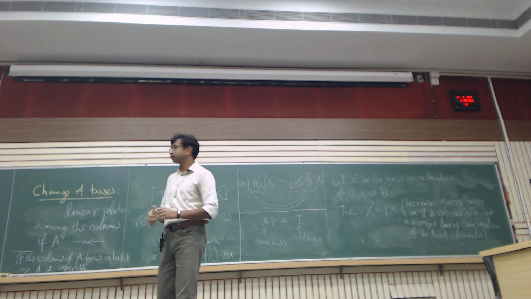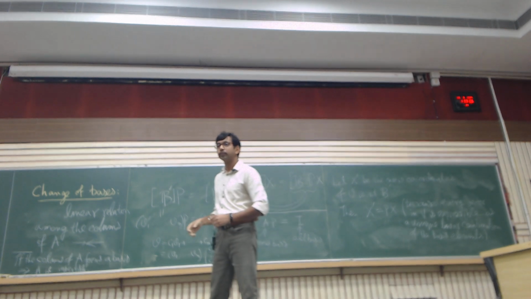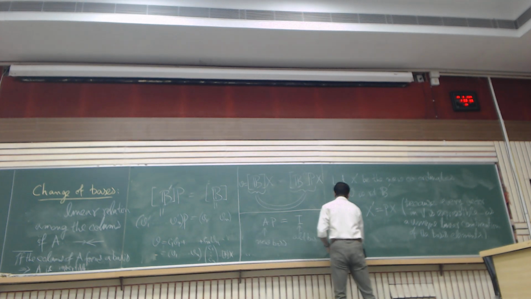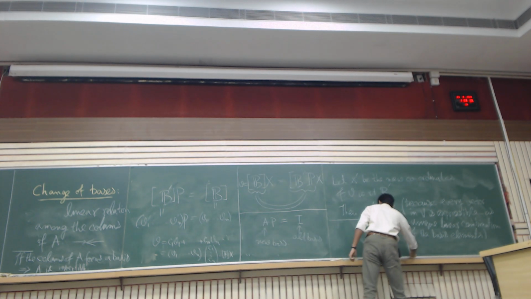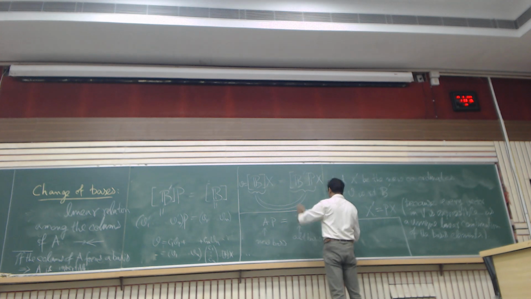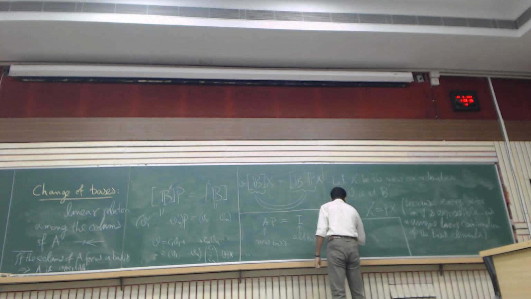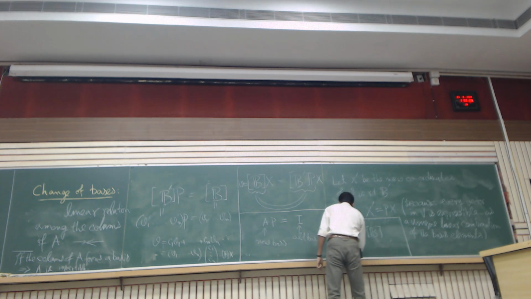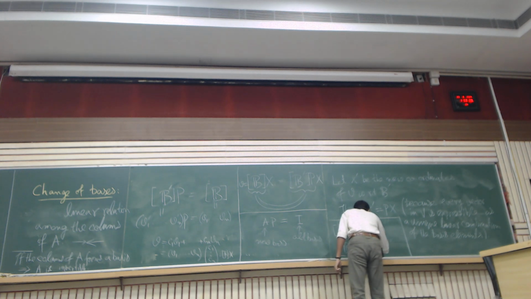Can you repeat what you just said? Okay, I'll write it down. Here, B dash P is equal to B, and suppose B Q is equal to B dash.